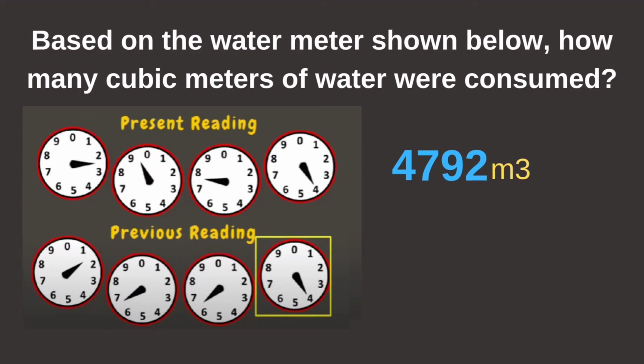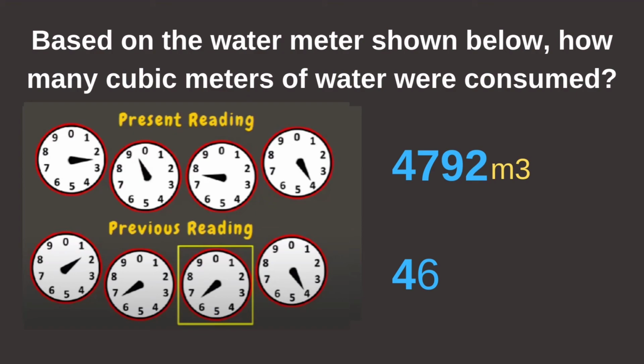Let's read the previous reading. We will start from right to left. As we can see, the pointer points exactly at 4. Since there is no dial to its right, we will record 4. Here, we can see the pointer points between 7 and 6.